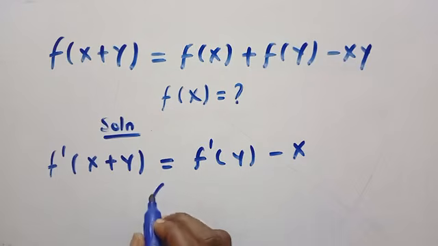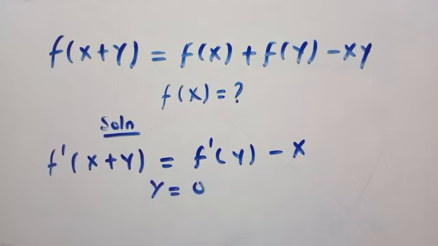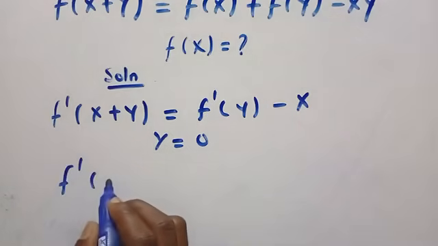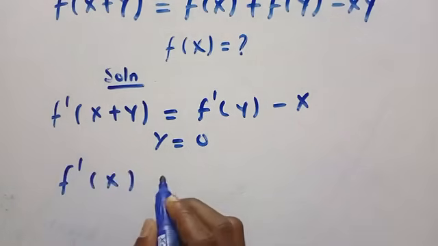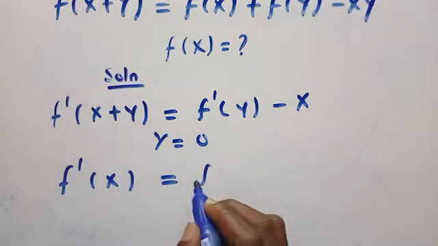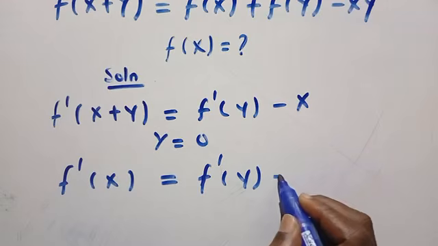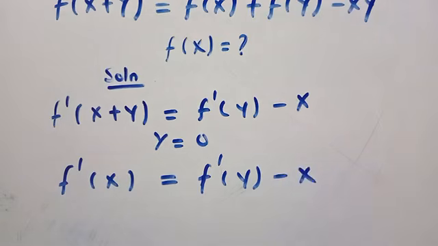If I set y equals 0, we have f prime of x equals f prime of y minus x.